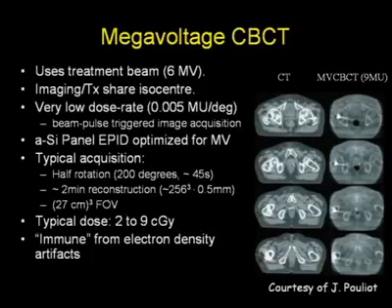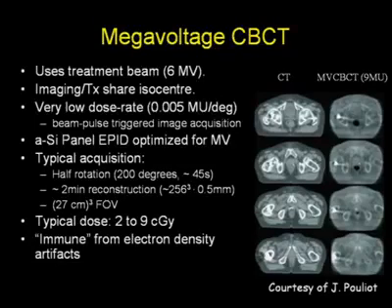The accelerator is, again, adjusted in order to provide a very low dose rate in order to make the doses in the ballpark of what can be obtained with kV cone beam CT, and uses an amorphous silicon panel EPID that is optimized for MV, of course, so that there is some build-up material in order to enhance the signal.